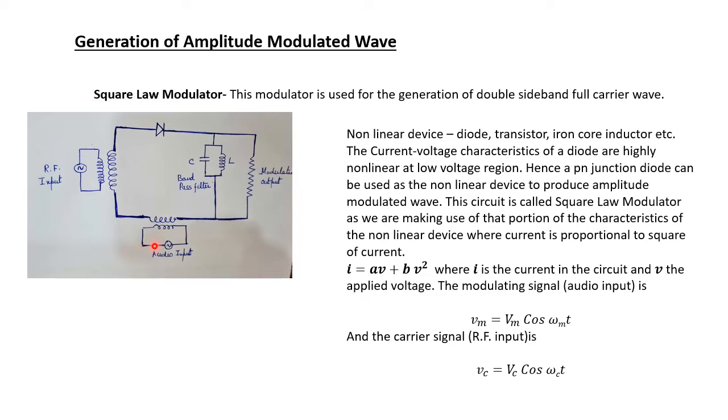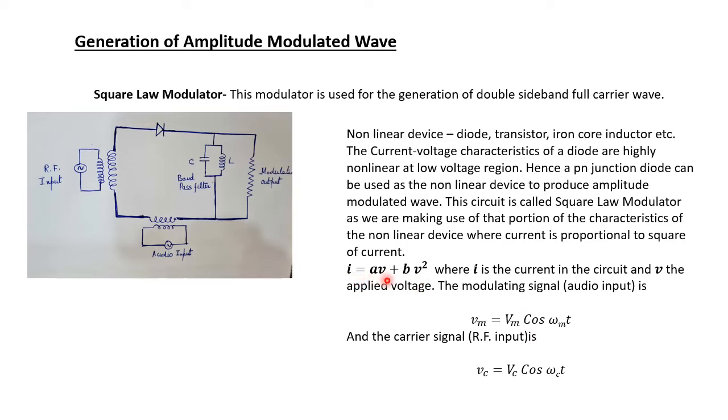As we are using two different types of voltage in this circuit, the first is the modulating signal, which is represented by the equation vm = Vm cos ωm t, and the other is the RF input or the carrier signal, which is represented by vc = Vc cos ωc t, and the sum of these two voltages will come out to be V, which is used in the circuit.